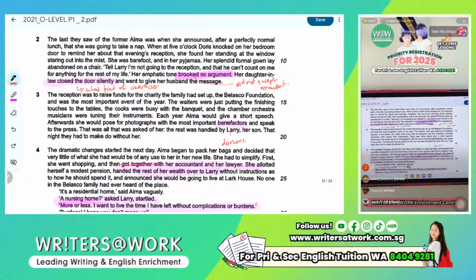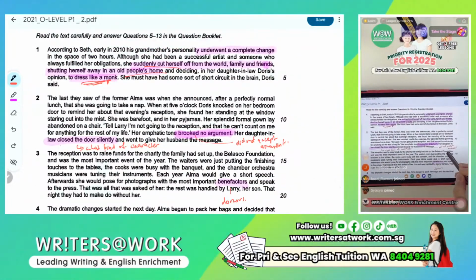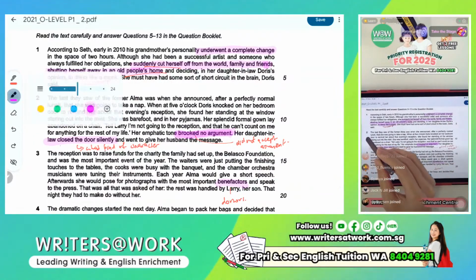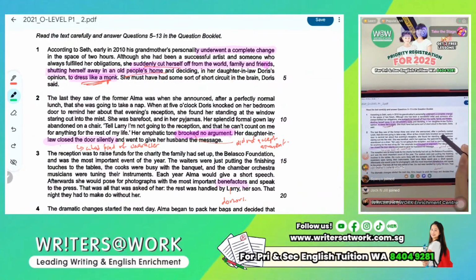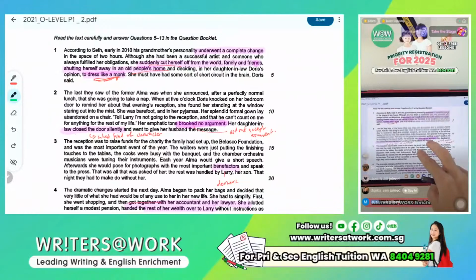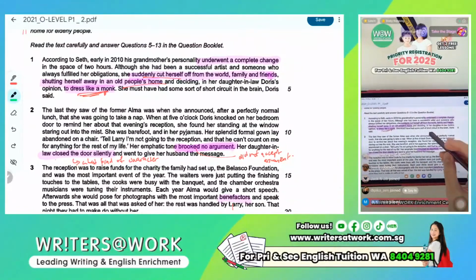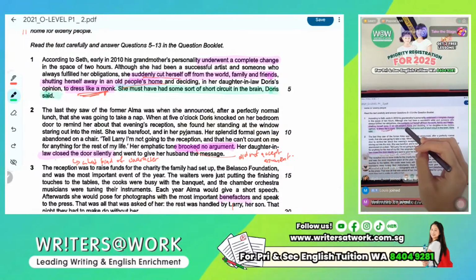Okay, I'll show you where it is from. It's somewhere in paragraph 2 here. "I'm not going, he can't count on me for anything." "Yeah, she must have some kind of short circuit in the brain," Doris said.